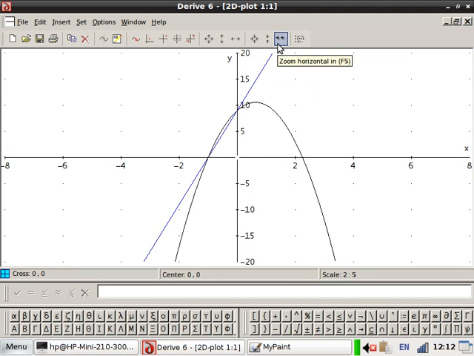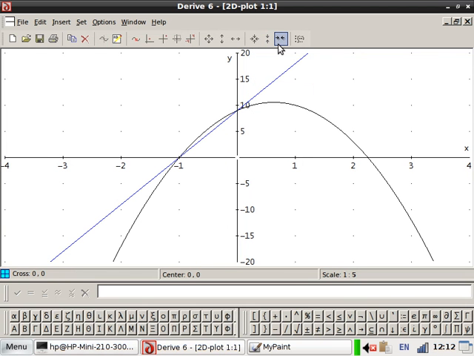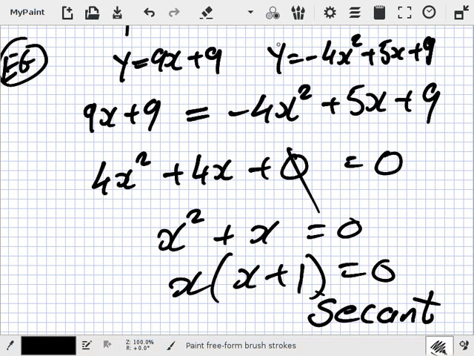Now you see, it's interesting. It looks like it's a tangent, but if you get the scale correct, you can see quite clearly it's not. It's almost a tangent, but it's actually a secant. Okay, so that's our first example, if you can write that down, and we'll have a look at another one now.